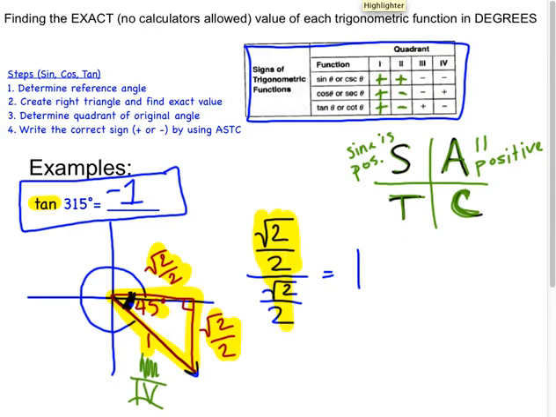So ours was tangent, so we did opposite over adjacent. Then, did you simplify it correctly? For ours, we simplified and got 1. And finally, did you apply your all students take calculus or add sugar to coffee to get the final correct value? So I hope this helps. Good luck. There are a couple more I will step through in another video.